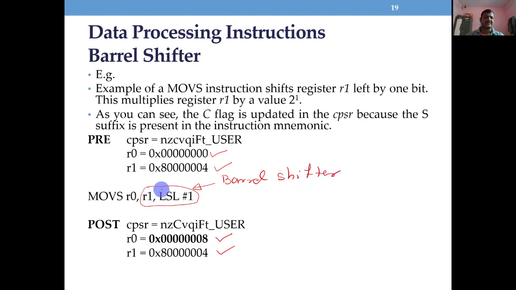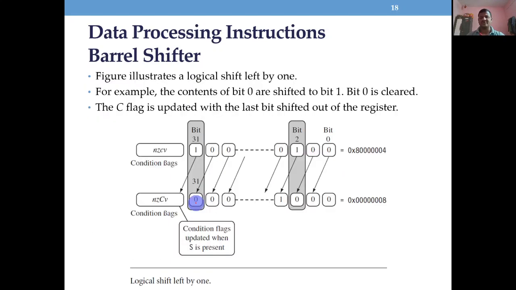Not only is the shifted value copied to R0, it also updates the CPSR, the current program status register, and the flag bits are updated. Initially the carry bit is lowercase c, meaning logical 0; uppercase C means logical 1. It will change the carry flag, because in a logical left shift the MSB is copied to the carry flag.